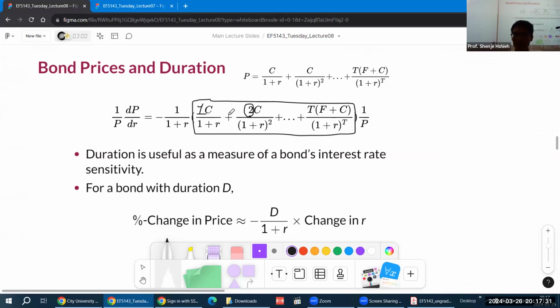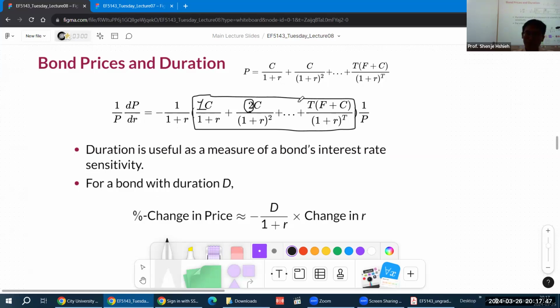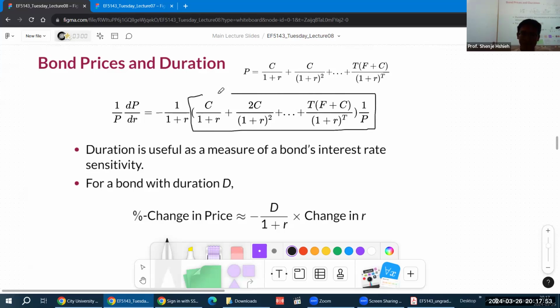So c divided by 1 plus r is the present value of c divided by P. C over 1 plus r squared is the present value of c 2 years from now, divided by P, etc. And so actually, this entire term is duration, right?